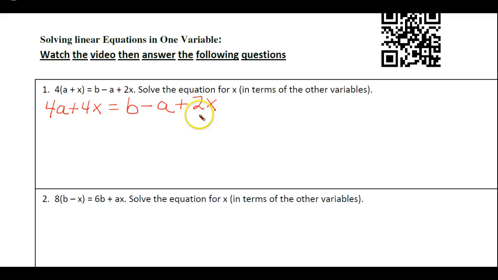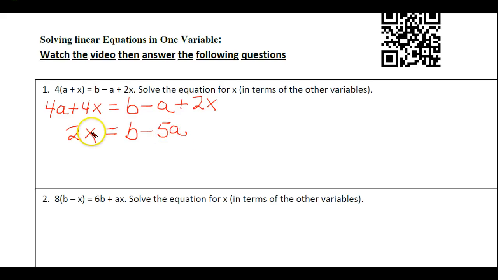Now we want to get all the x's over to one side, so I'm going to subtract 2x, or transpose it, and I'm left with a 2x on this side. I want to get the 4a on the other side, so this will be b minus, now when I bring this 4a over to this side, it becomes a negative 4a, and this negative a gives me a total of a negative 5a.